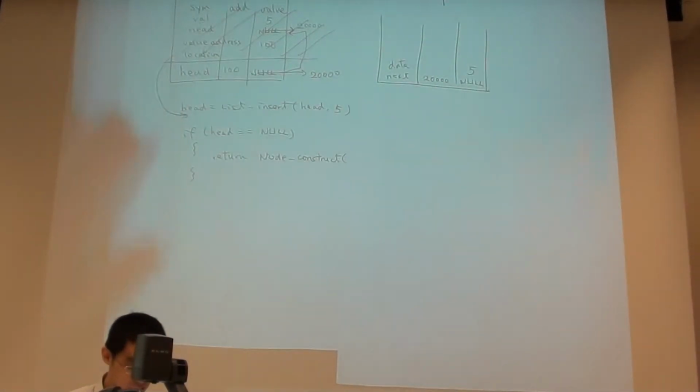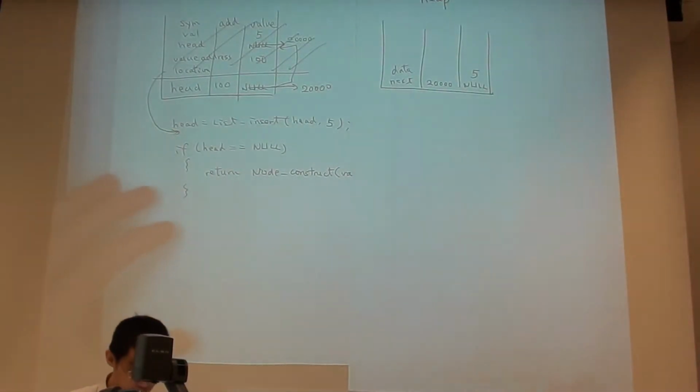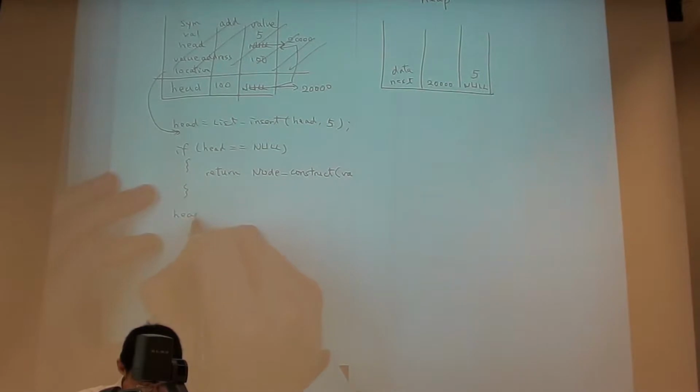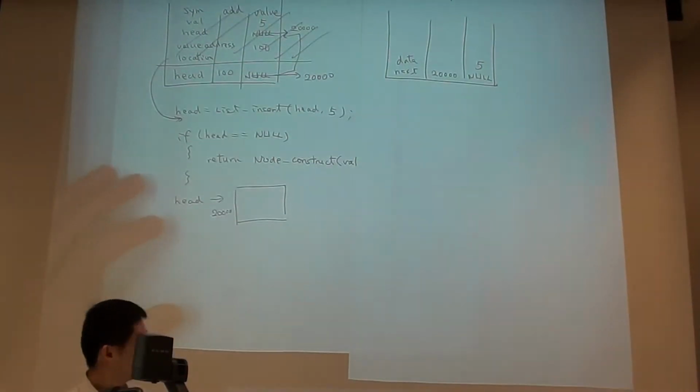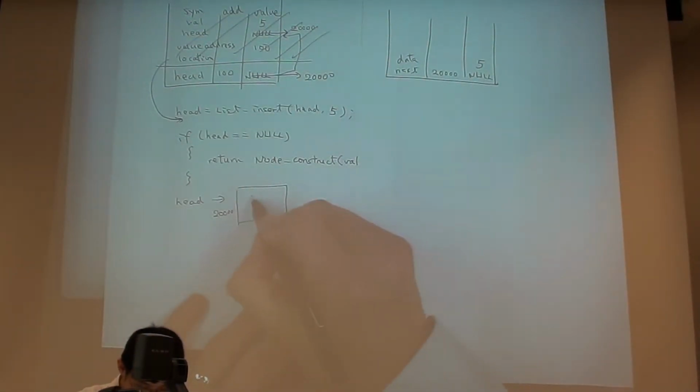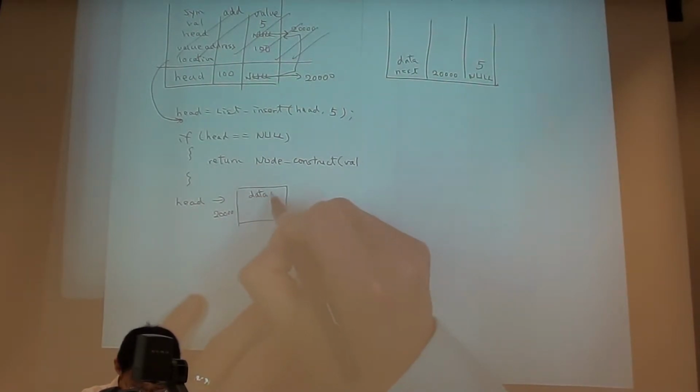So after the first insert function, head will point to a piece of memory. The address of this piece of memory is 20,000, and data is 5. Next is null.